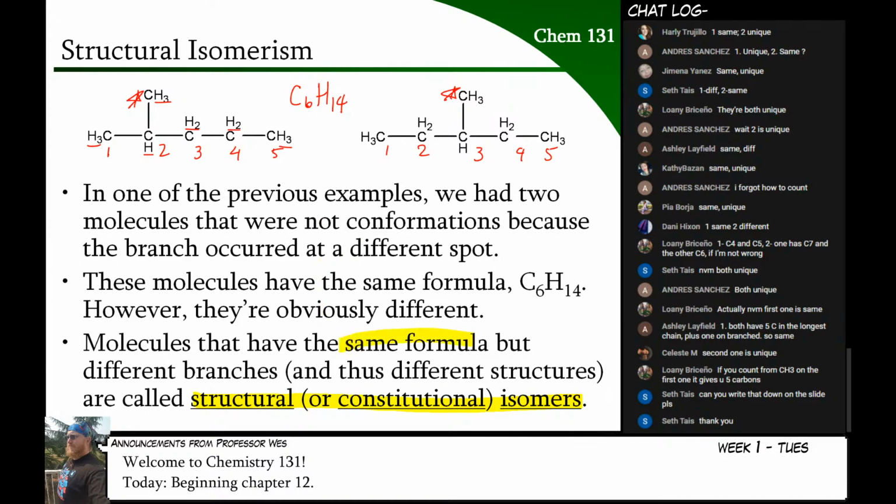Anything that has the same formula, different branching, is a structural isomer. In other words, I moved the branches around. That's how you get a structural isomer. You changed the structure. Now, keep in mind, I could have moved the branch over to here and had a 6-carbon linear chain, and that would also be a structural isomer of the two that are on the screen here.